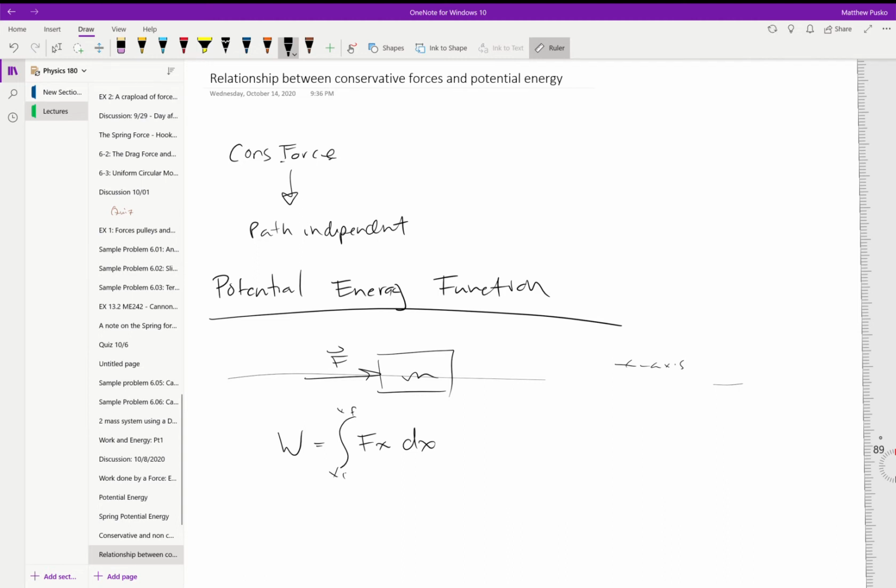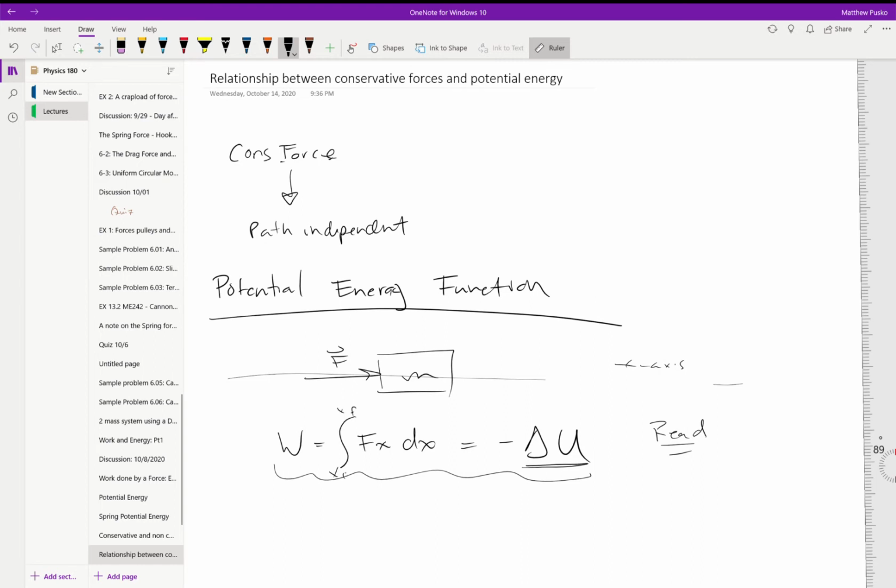And we have shown that that is also equal to the negative of the change in potential energy. So go back and check out the videos, or do some reading if that isn't quite clear yet. I explained it in the previous video.